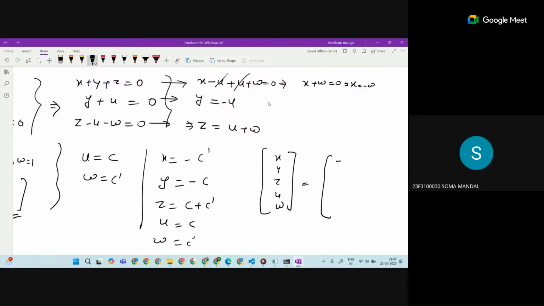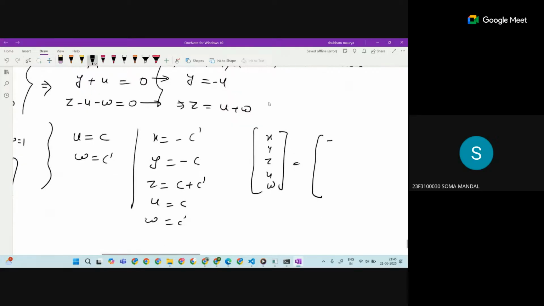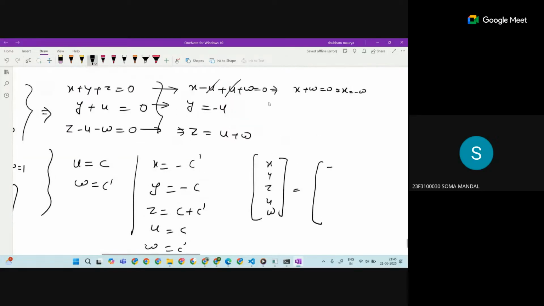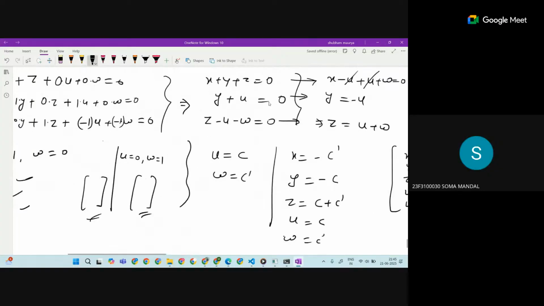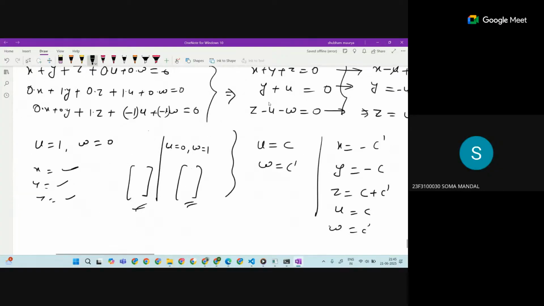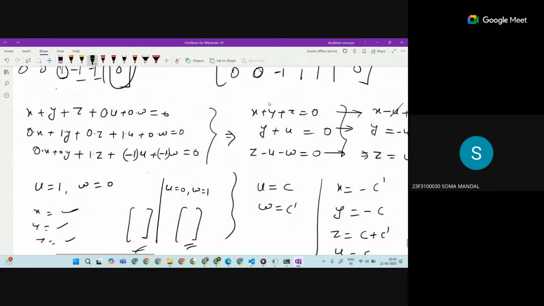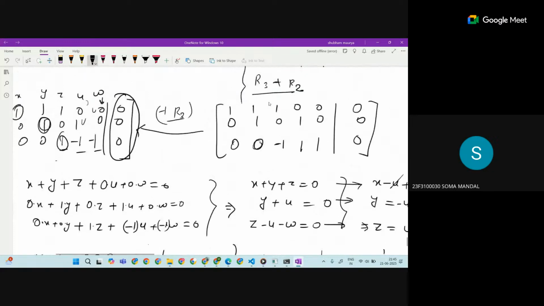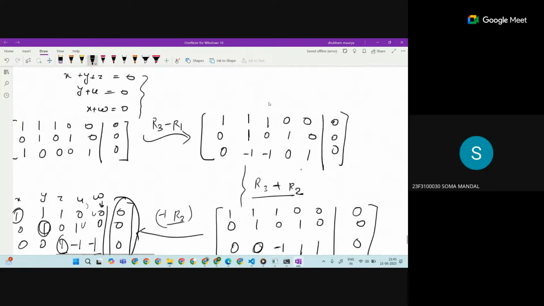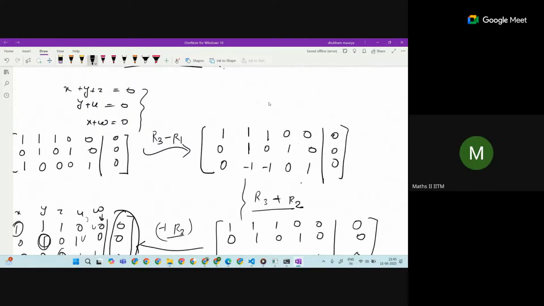Sir, why are you doing the elimination process? Why am I doing it? Yeah, you gave the equations x plus y plus z equal to 0, y plus u equal to 0, x plus w equal to 0. Yeah, you are exactly correct. So there is no use of it.